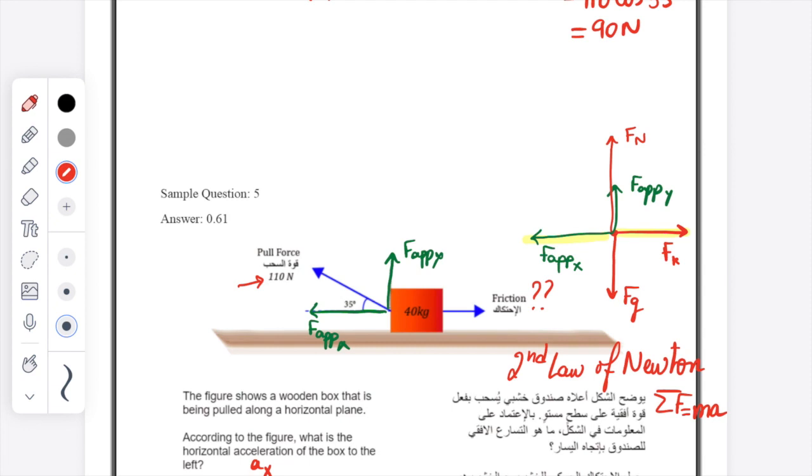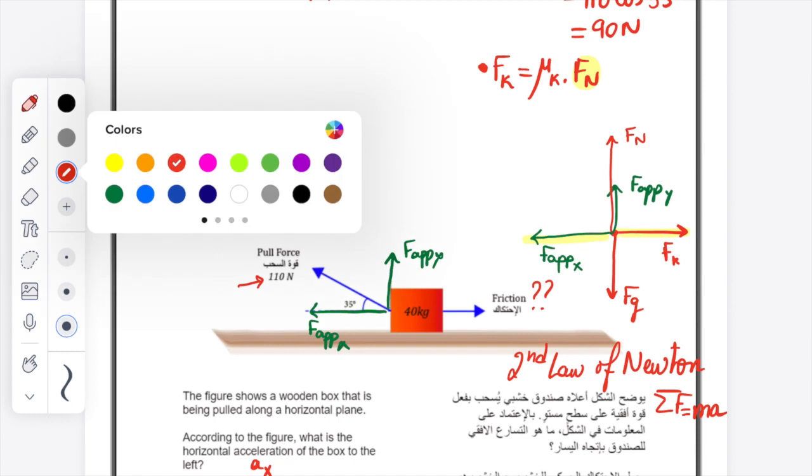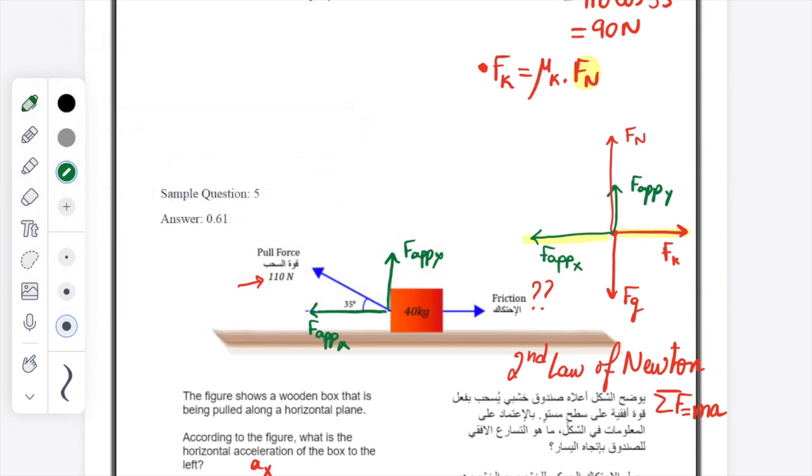Step number 2 is to find the force of kinetic friction, knowing that it is mu k times normal. However, this normal force is unknown. On the other side, I will try to find the normal force by applying that I also have zero net forces along the y-axis, so it is equal to may, which is equal to 0.